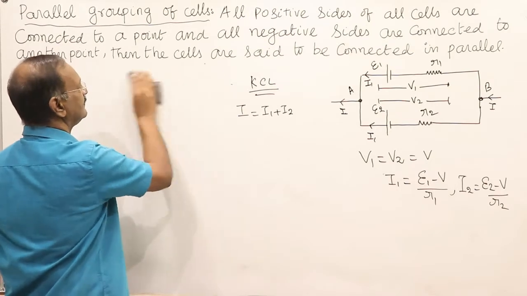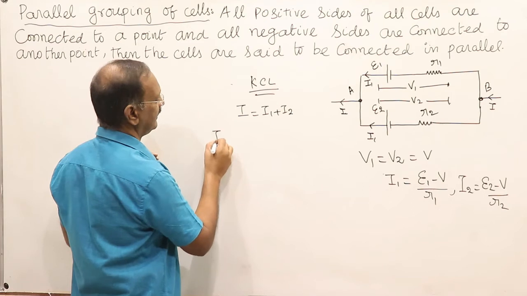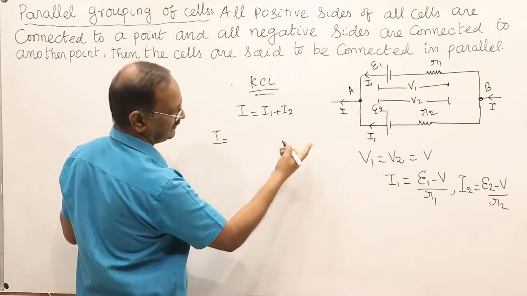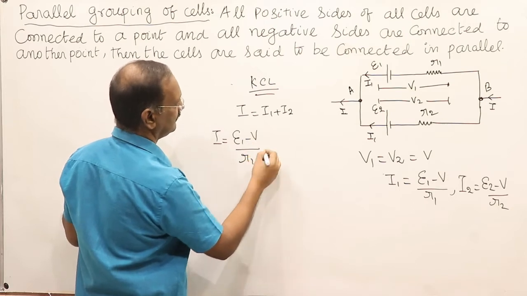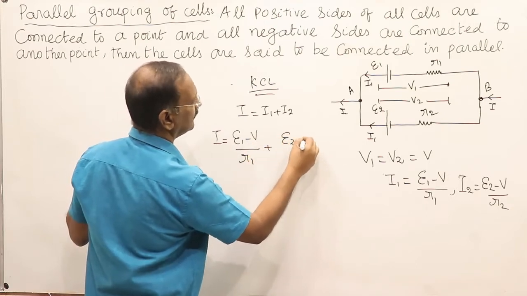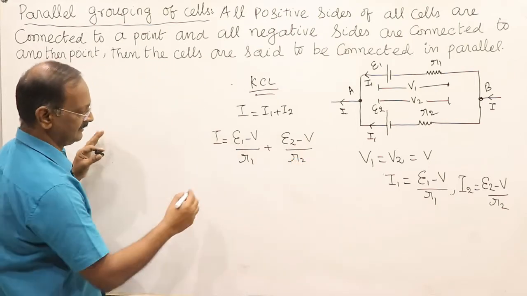I is equal to I1 plus I2, so I is equal to (E1 minus V) by R1 plus (E2 minus V) by R2. Simply we are manipulating the equations now.